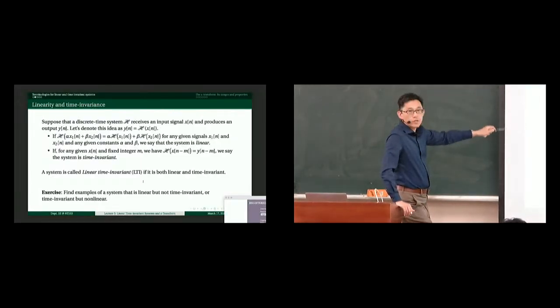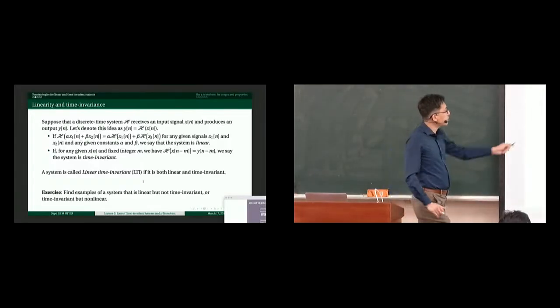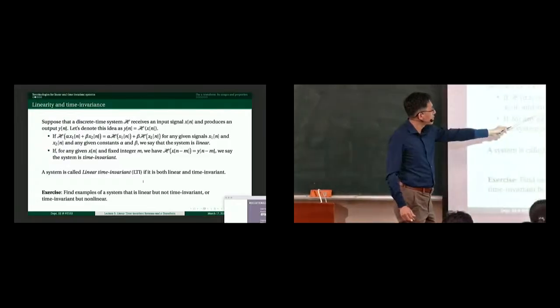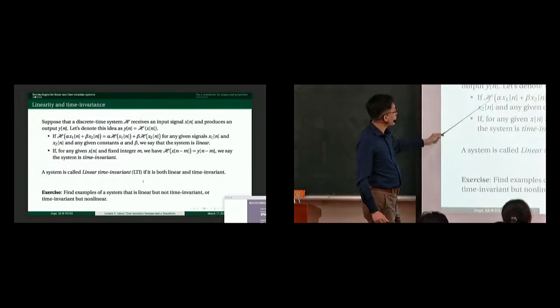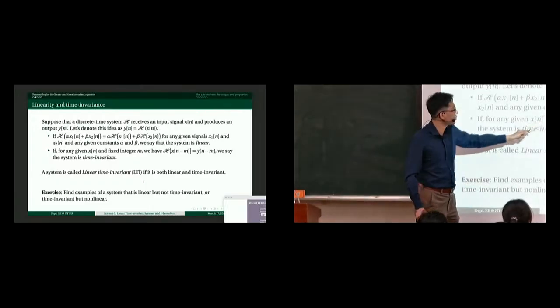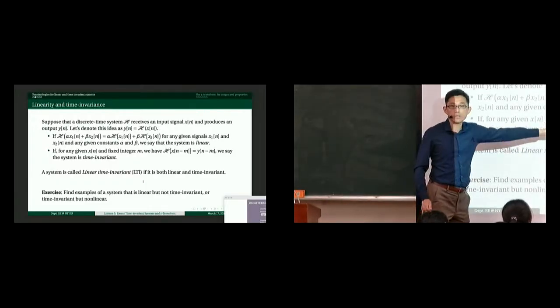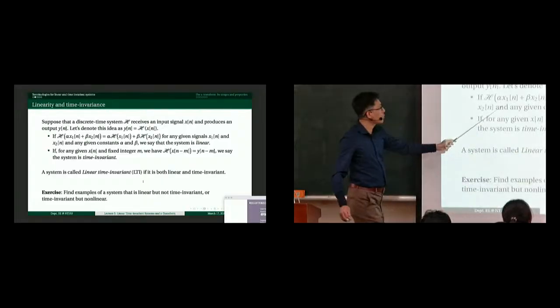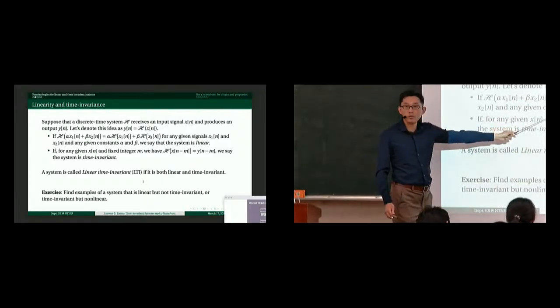Now we can discuss a few properties. There are two properties that are of interest. The first property is linearity. Suppose that we linearly combine two signals, and the system produces an output that is also the same linear combination, with the same linear coefficients, of the outputs. Linear combination of input, linear combination of the output.